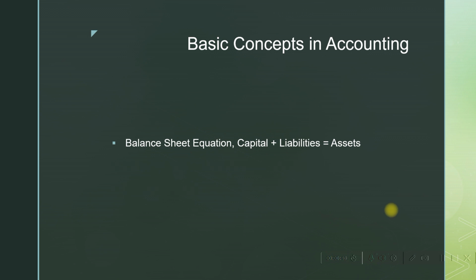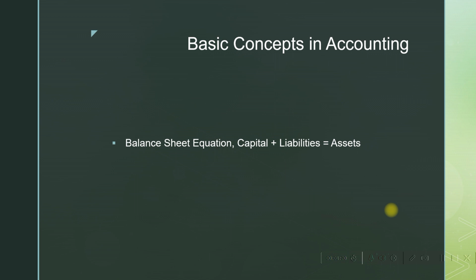Capital plus liabilities is equal to assets. At a given point in time, the claims of persons who have financed resources should equal the resources that may belong to that business entity. Also, it is worth noting the fact that the resources of a business unit are usually provided by its proprietors or outside persons, where the claim of proprietors are termed as capital and the claim of outside persons are called as liabilities.